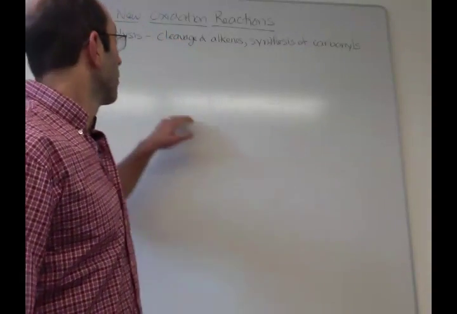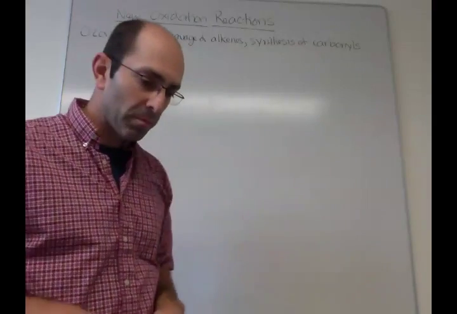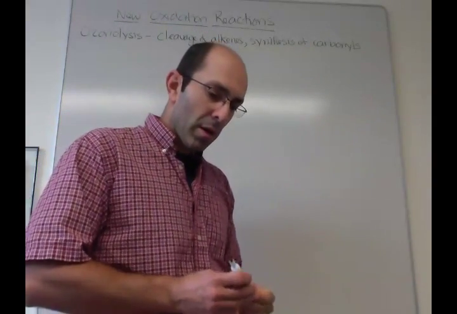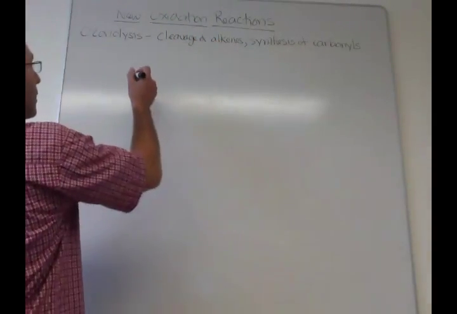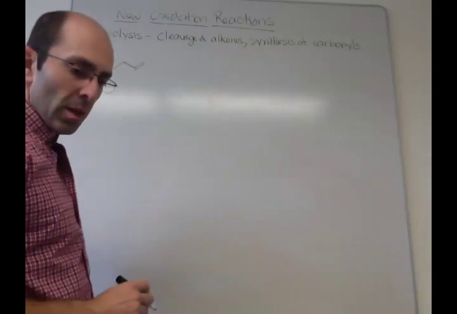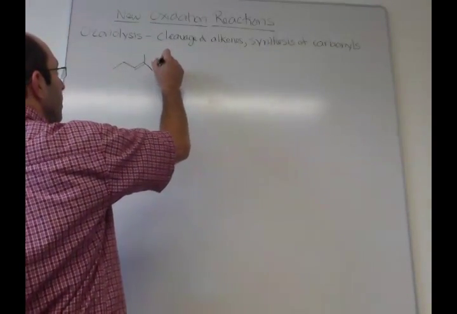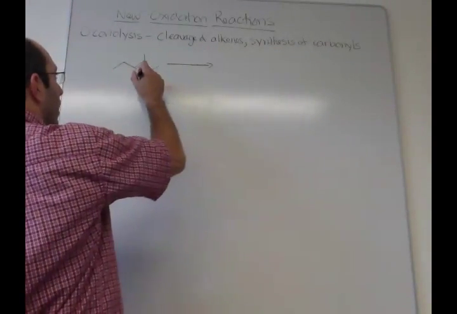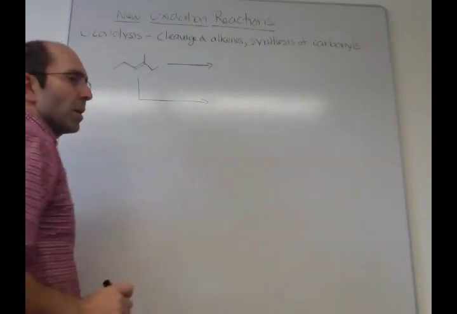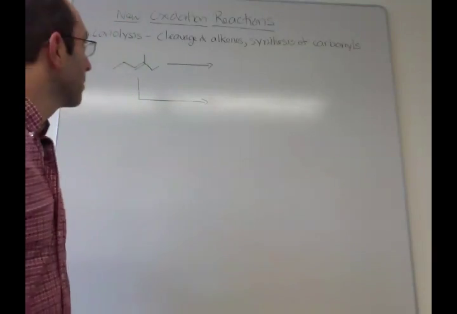All right, so we're going to do ozonolysis, cleavage of alkenes, and synthesis of carbonyls. So let me give you an example, and then we can talk about some of the details. So if we have an alkene that looks like this, there are two sets of ozonolysis conditions that we can use for doing this cleavage reaction.